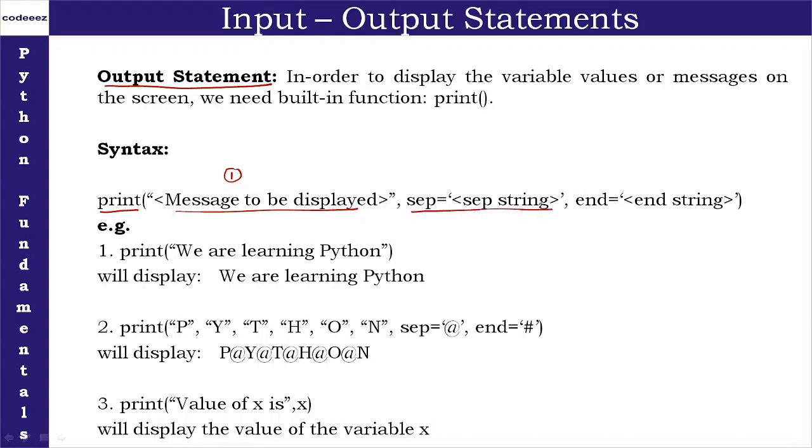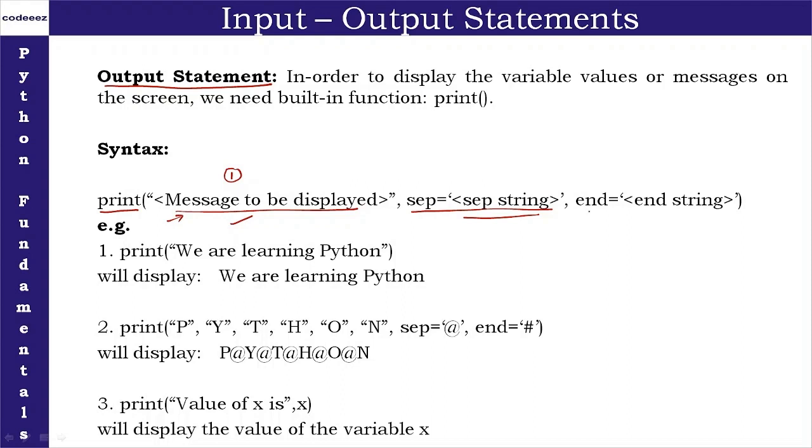It is simply a string, normally a character, that gets inserted between two consecutive characters of the first argument. That is, it simply acts as a separator, and whatever value you provide here, that character will be inserted after every character of the first argument string.